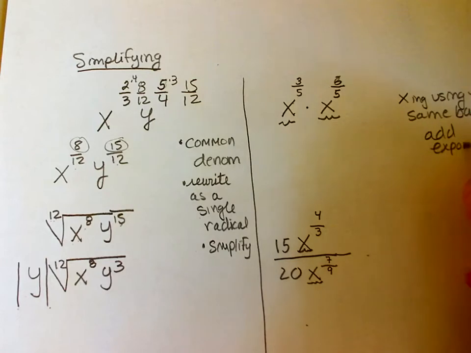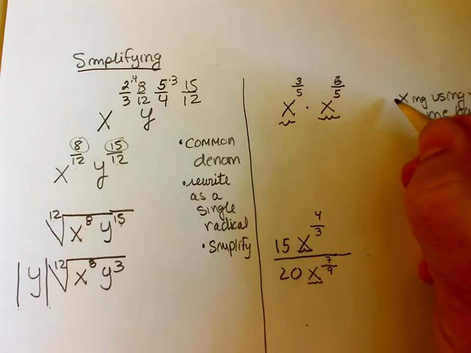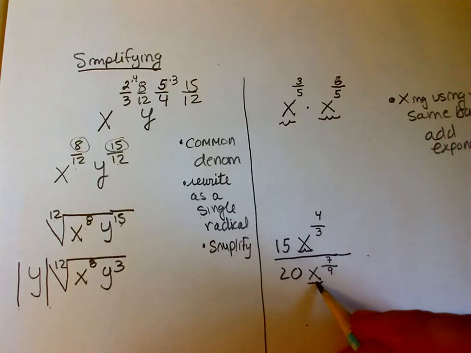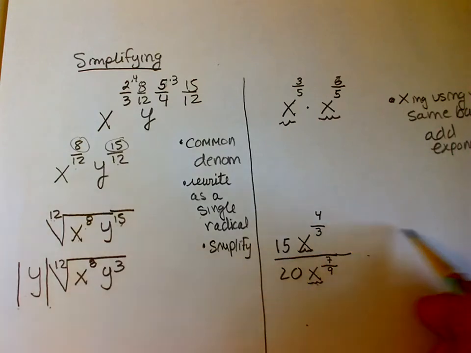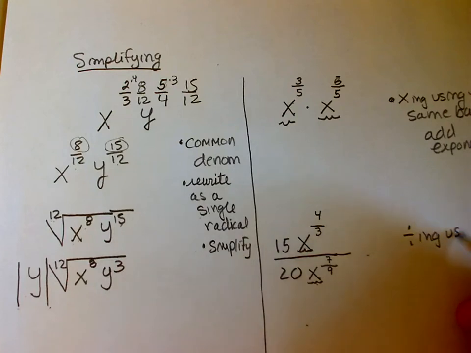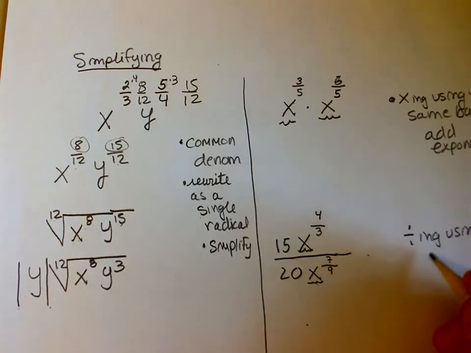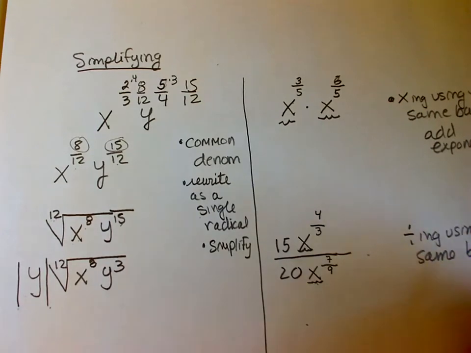And then, of course, always look to simplify. In the case of division with the same base, we're going to use the rule of subtracting exponents. And then, of course, simplify where appropriate.